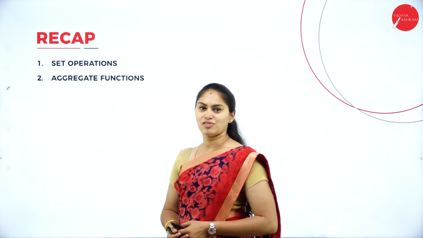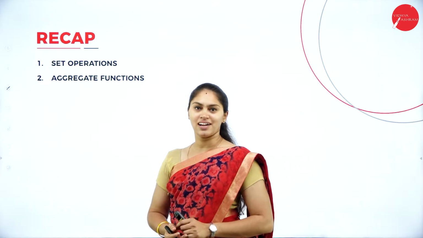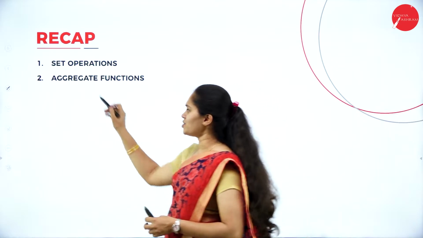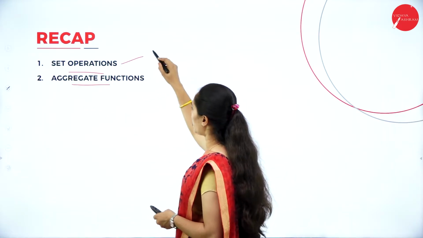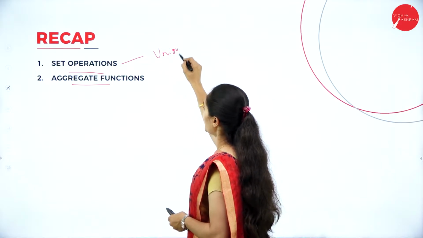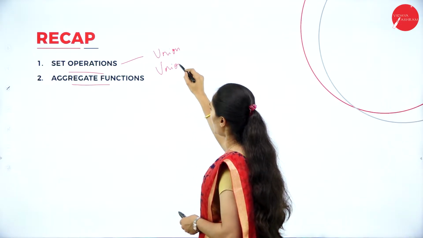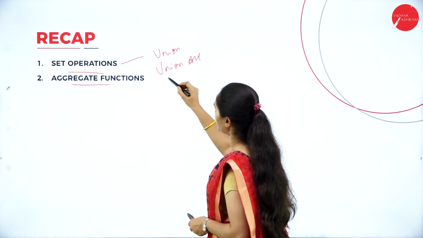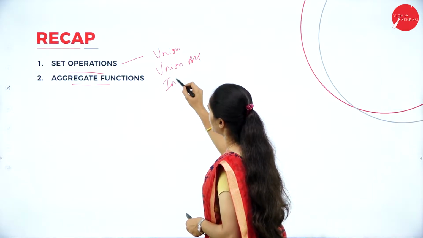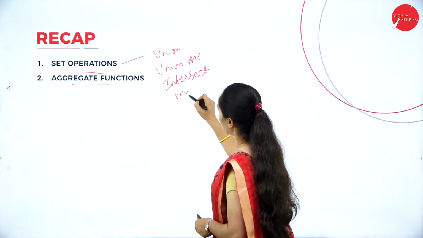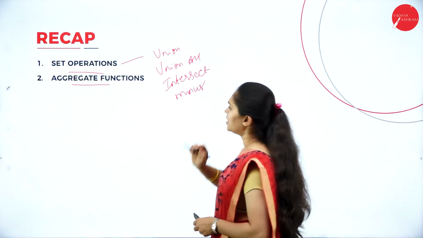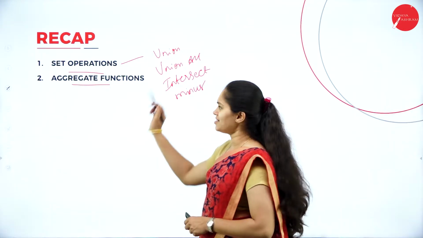In the last session of this chapter, we discussed set operations and also the aggregate functions. When it comes to set operations, it includes union, union all, intersect, and minus. These are the operations which come under set operations.